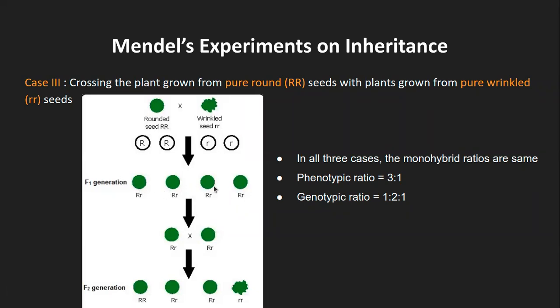When any two of them are intercrossed, again the possibility of combination in the F2 generation is one homozygous dominant round seed, two heterozygous dominant round seeds, and one homozygous recessive wrinkled seed. So again the phenotypic ratio is 3:1, round to wrinkled, and the genotypic ratio of capital RR to capital R small r to small r is 1:2:1.